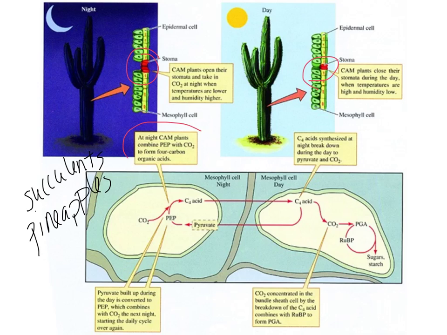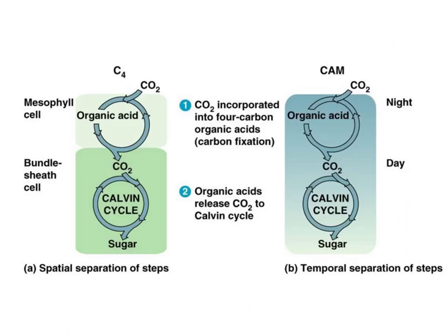At night, the CAM plants have combined CO2 with that PEP molecule to form the C4 acid, so I've got a 4-carbon molecule here. And in the daytime, that 4-carbon molecule gets broken down to release the CO2. And so now the Calvin cycle can occur right here, being powered by the light reactions that are occurring during the daytime.